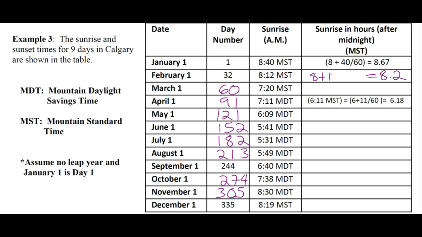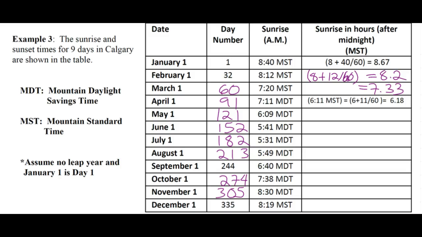So 8.20. It's a third of an hour, so it's 0.33. Then comes April to switch to daylight time.